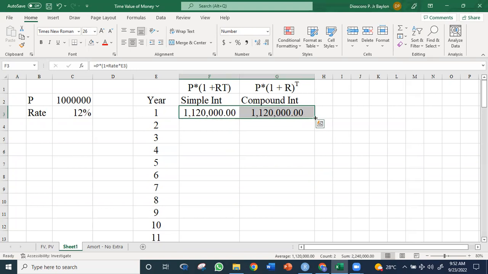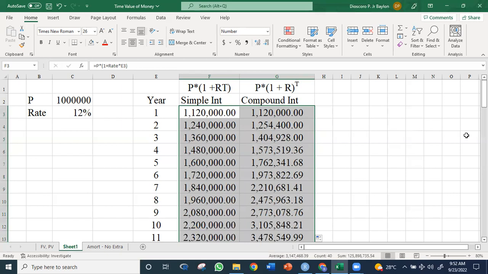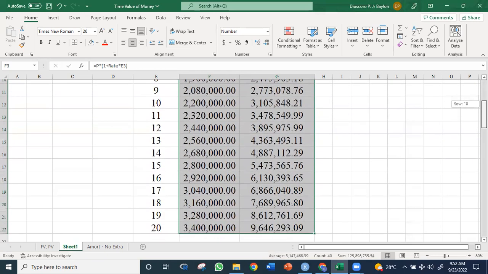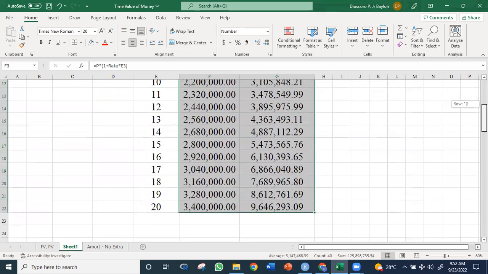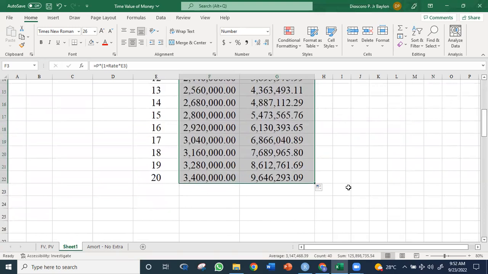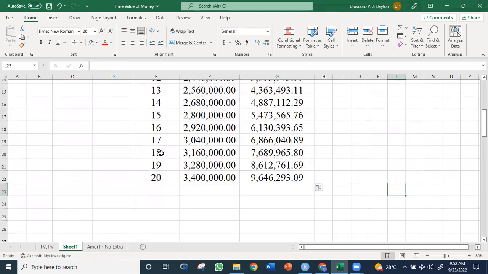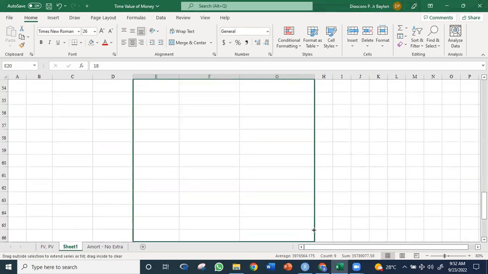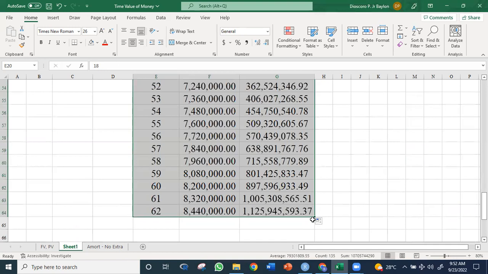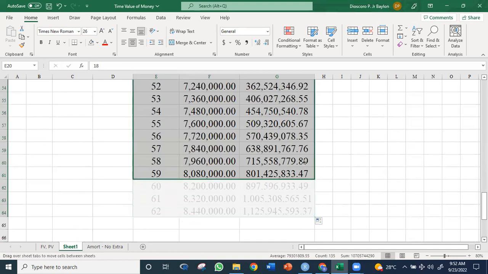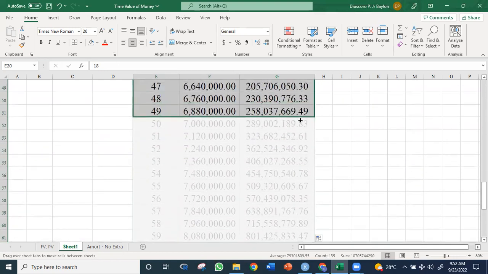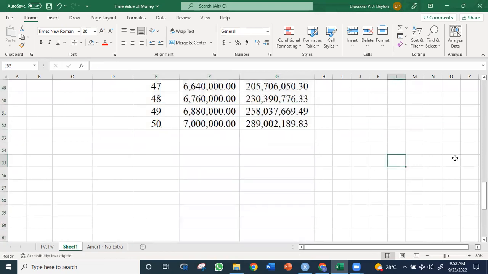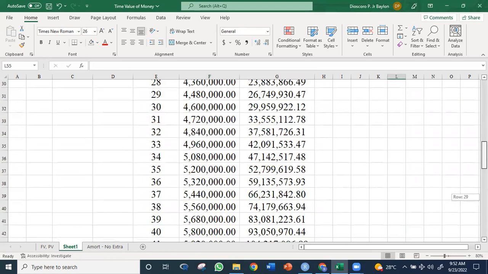If I double click this, it automatically computes everything. We can even dramatize the example by making it up to just 50 years. So I copied it up to 50 years.